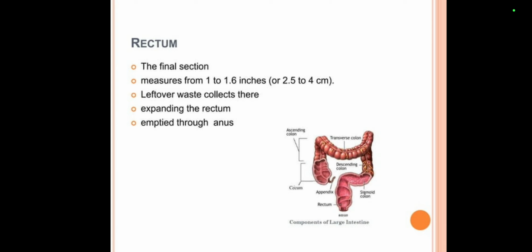The secretion of our waste happens here in the rectum. It is usually expanded, and it is emptied through the anus, the circle one, that is your anus. So the rectum is like a canal that transports waste product.